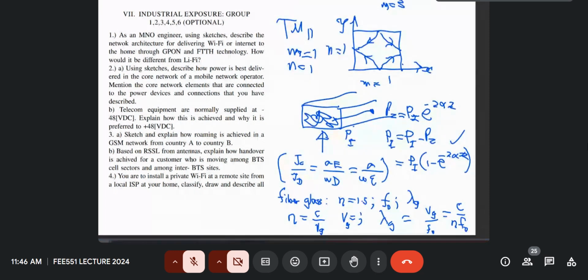So compare lambda g and lambda naught. Which wavelength is higher? Lambda naught is C over f naught.